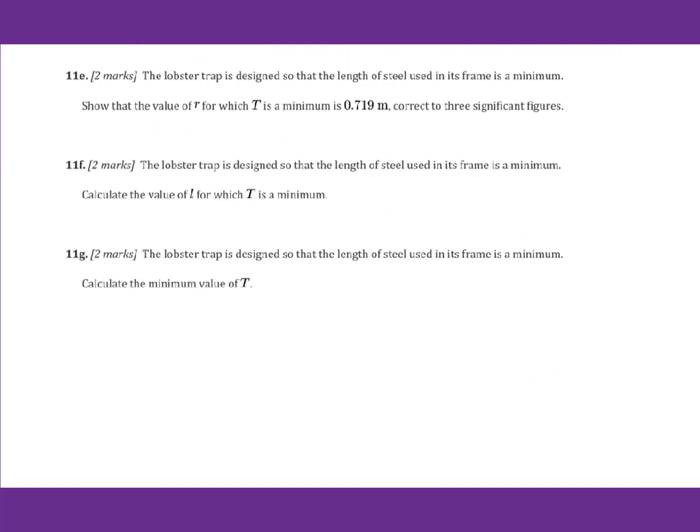Let's go to 11F. The lobster trap is designed so that the length of steel used in its frame is a minimum. Calculate the value of L for which T is a minimum. According to 11B, we have L equals 1.5 over pi r squared.